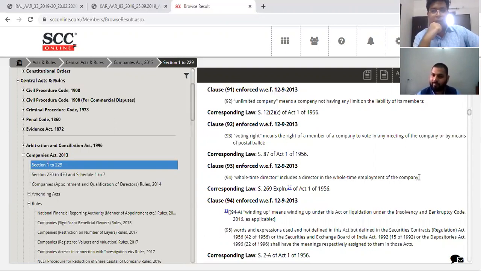Now, how do you determine the presence of these factors? That's also very important. You determine the presence of these factors by referring to the MOA, Memorandum of Association, Articles of Association, the resolution which has been passed by the board, and whether there is a presence or absence of an employment contract.